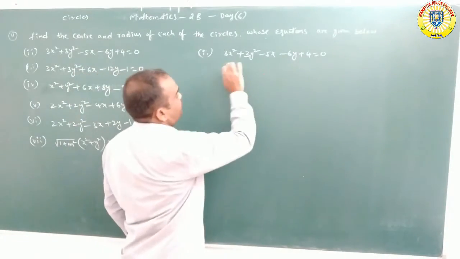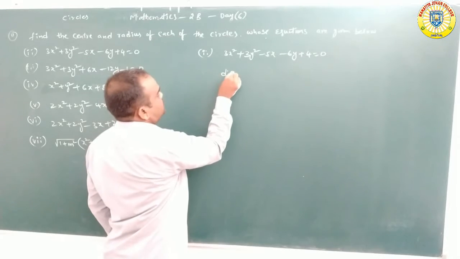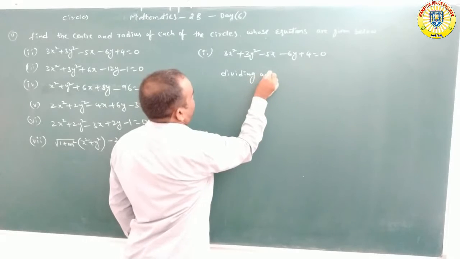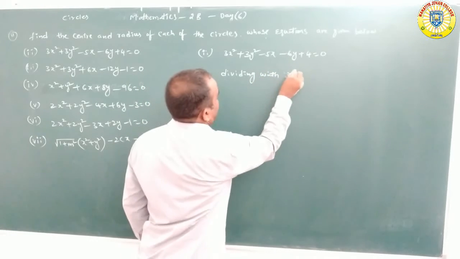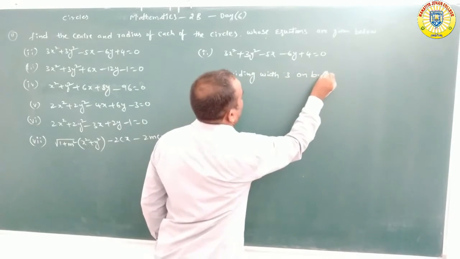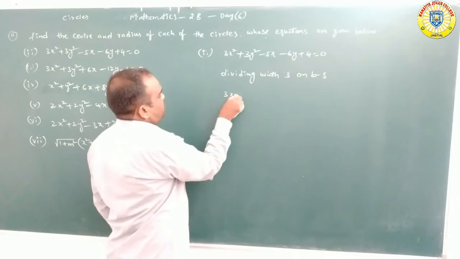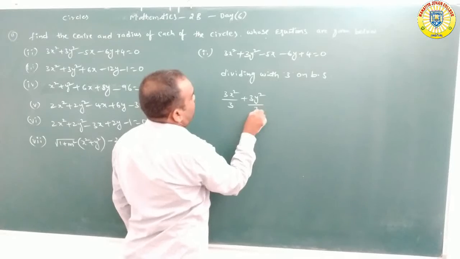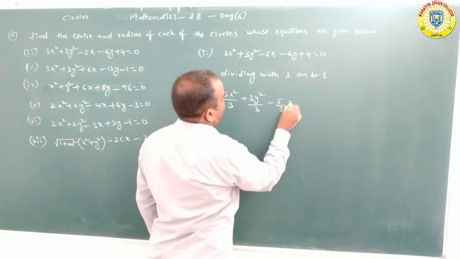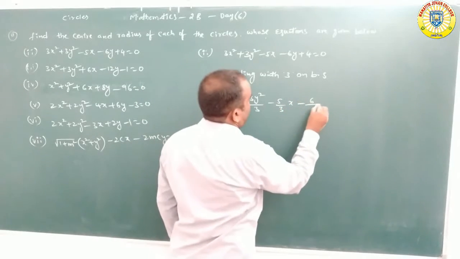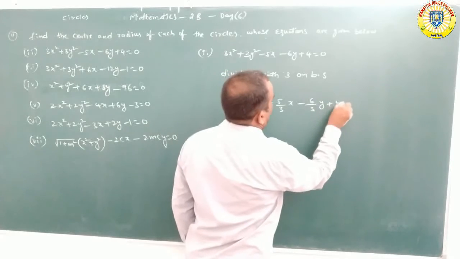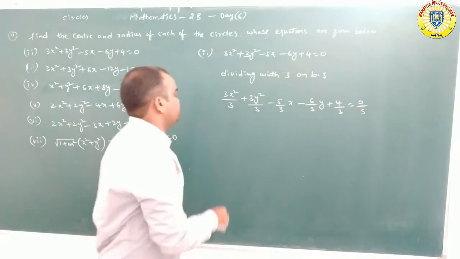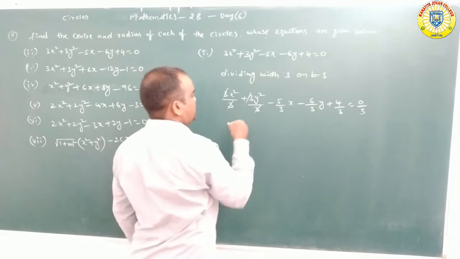First we are dividing by 3 on both sides. That is nothing but 3x square by 3, 3y square by 3, minus 5 by 3 into x, minus 6 by 3 into y, plus 4 by 3 is equal to 0 by 3. 3 cancels, 3 cancels.